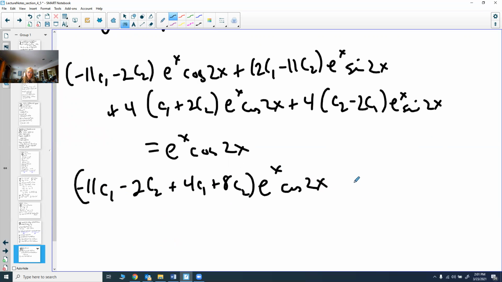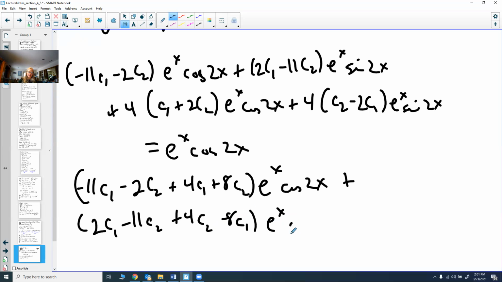And then I have plus 2c1 minus 11c2 plus 4c2 minus 8c1, all times e to the x sine of 2x. And remember that all equals e to the x cosine of 2x.